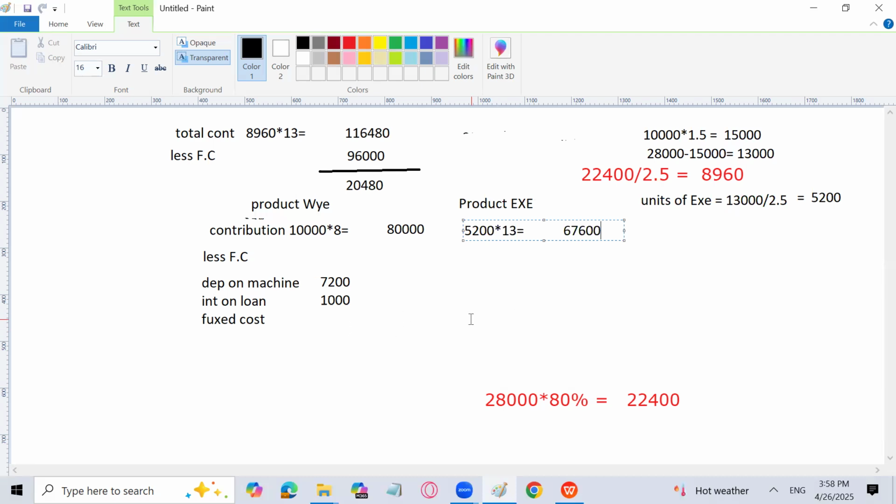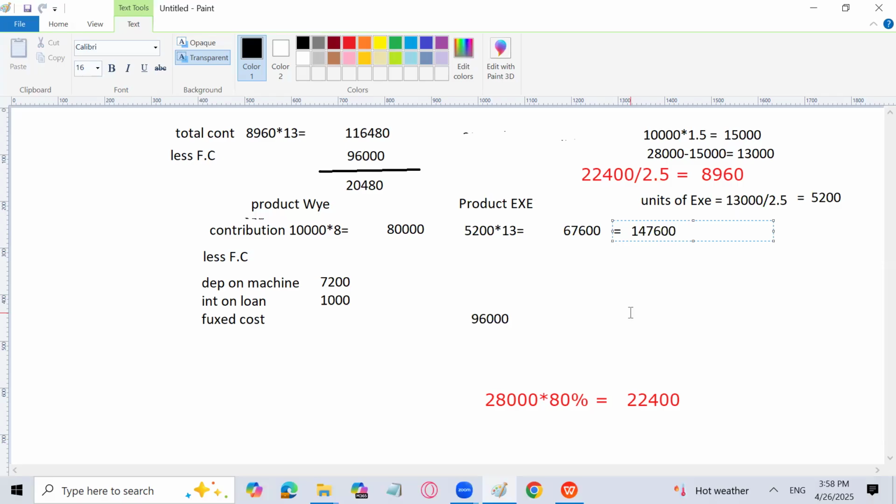Now we can go for the total contribution of both and the fixed cost, which has already been incurred. That is going to be 96,000, right? So let's go for the total contribution, 80,000 plus 67,600 for both products, because we want to find total profit for both products. That is 147,600.